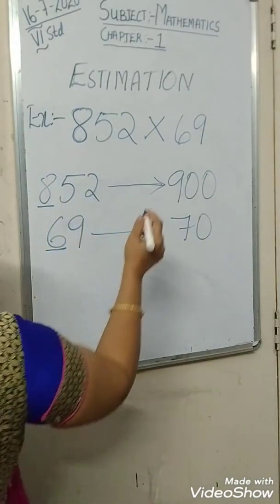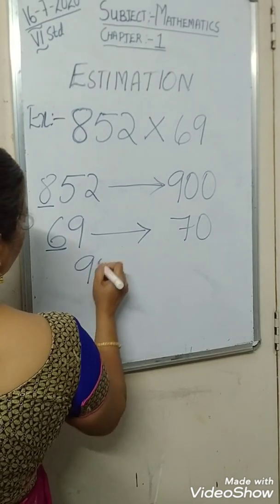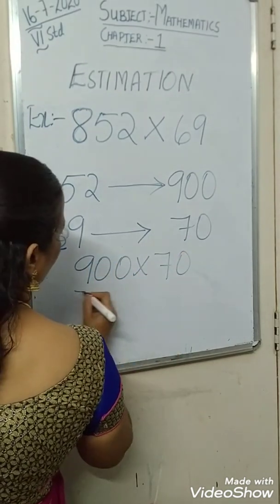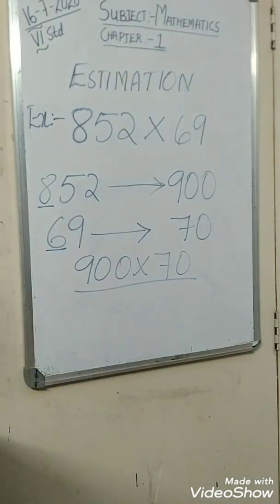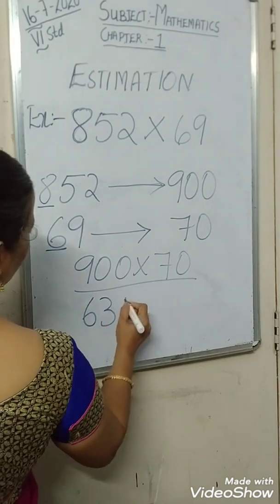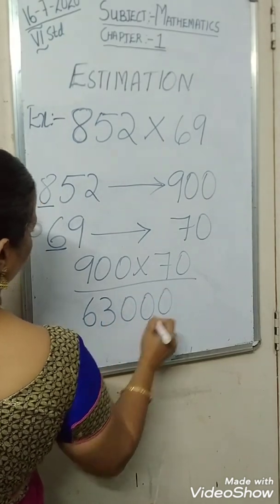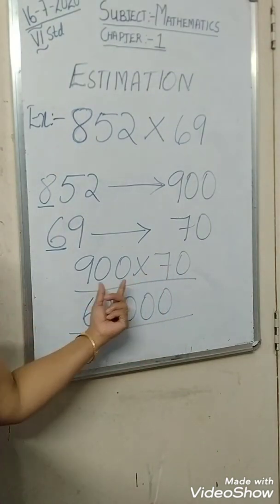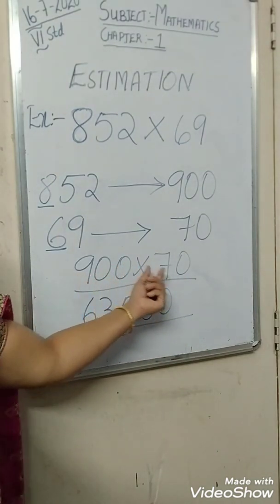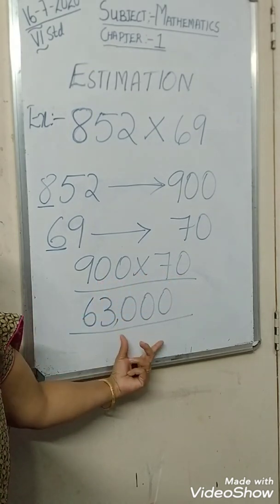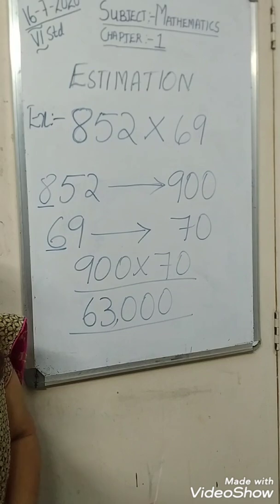So, now let us multiply this. 900 into 70. Can you guess what is the number? Yes, it is 63,000. When you have zeros, you can multiply the numbers and count the number of zeros and write it. So it is 63,000.